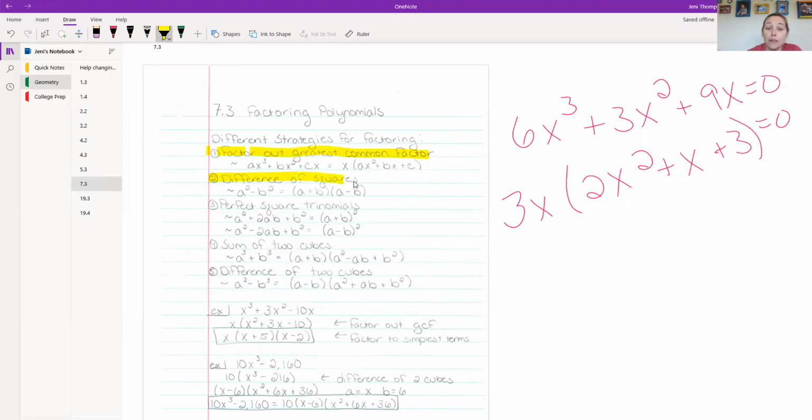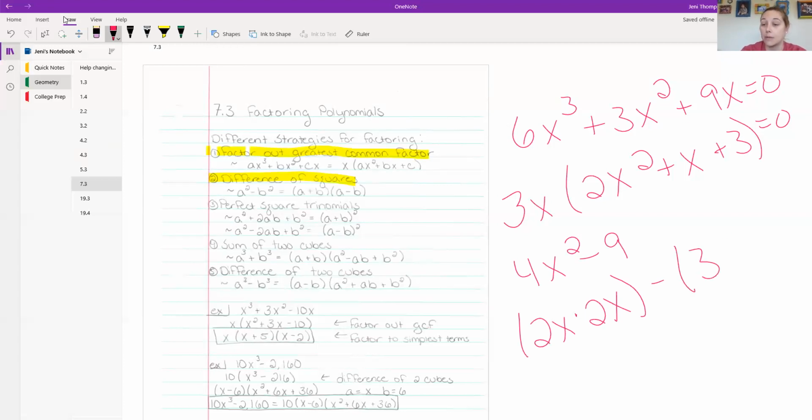Difference of squares, that's if you've got two perfect squares, one subtracting from the other. So if I've got 4x squared minus 9, well, 4x squared is a perfect square because 2x times 2x gives me 4x squared, and 9 is a perfect square because 3 times 3 gives me 9.